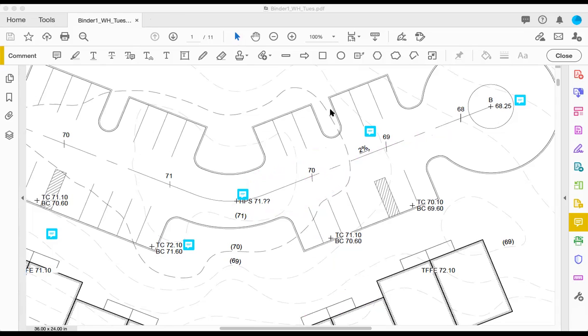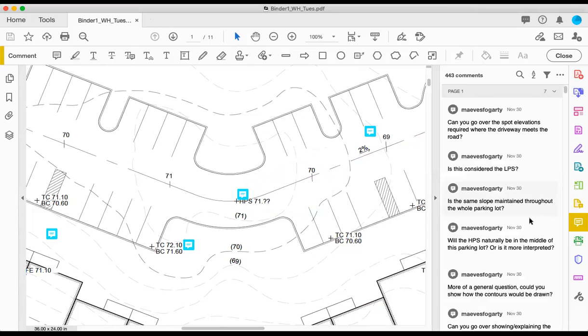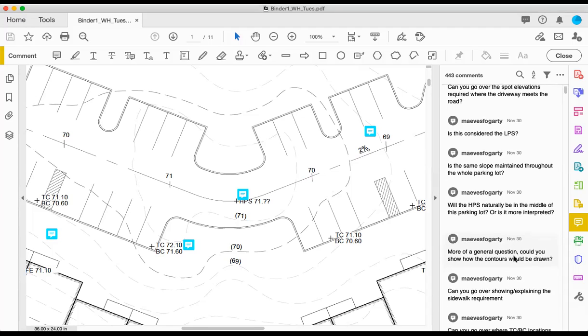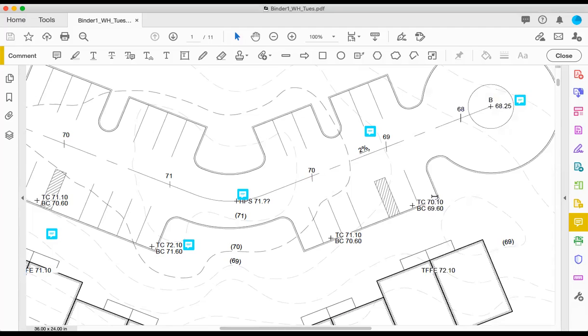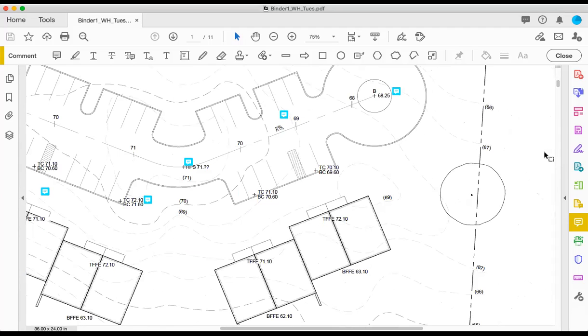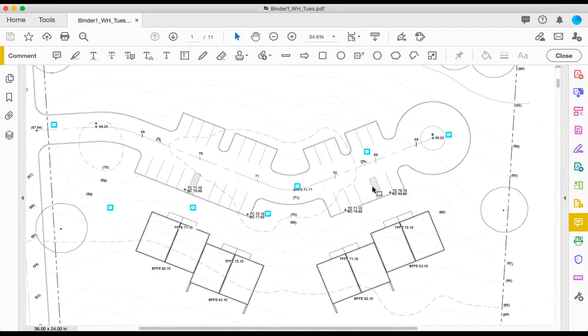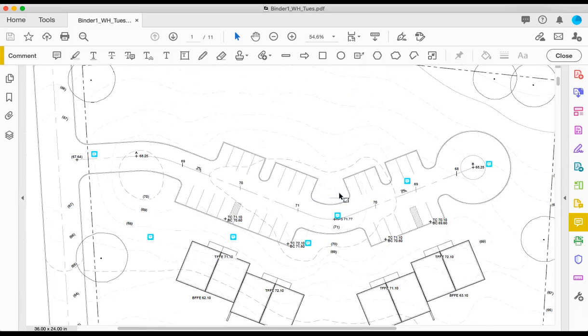Next thing. Well, the high point is actually in the middle of this parking lot. For this one, yes. The reason is that the natural grade has the middle as the high point, so in order to reduce earthwork, we are taking advantage of that natural topography.